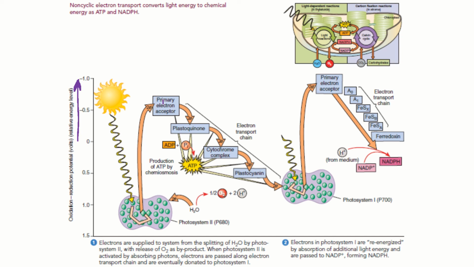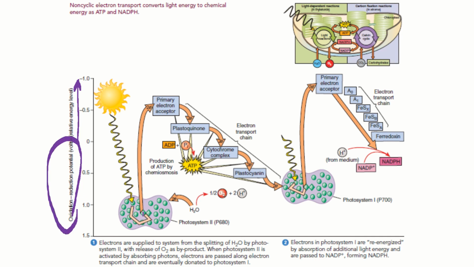You should keep in mind that all these components are present along the same membrane. They are not separated in space, they are present all along the same membrane. Here in this diagram, you see them in different places because they have different oxidation reduction potential. Keep it in your mind.